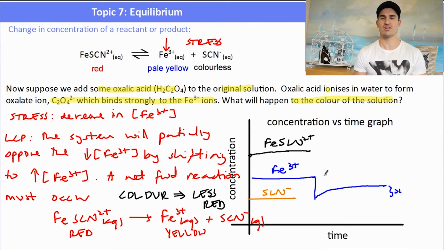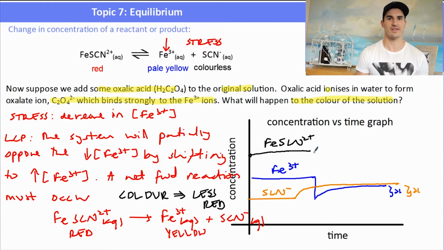The system tries to shift to increase the concentration, but it doesn't go back to where it started because it's only a partial opposition. Now, SCN-, well, that's on the same side as the Fe3+, so it must start to increase. It doesn't matter that these lines cross over, that's not important. The FeSCN2+ is on the opposite side. It's what's reacting to form the Fe3+, so it must go down by the same factor as the other two increased.